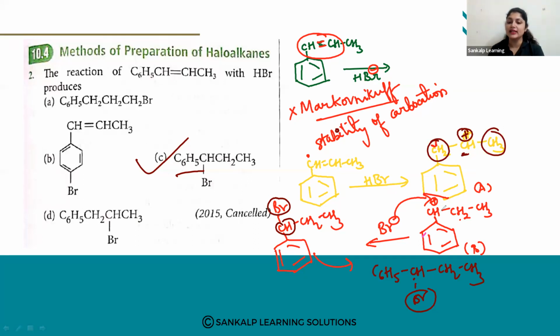But in the second case, the carbon having the positive charge is directly attached to a benzene ring, so the positive charge can be resonance stabilized. So this will be more stable. B is more stable than A. So the attack of the nucleophile will take place at this particular center, and you get this particular answer.